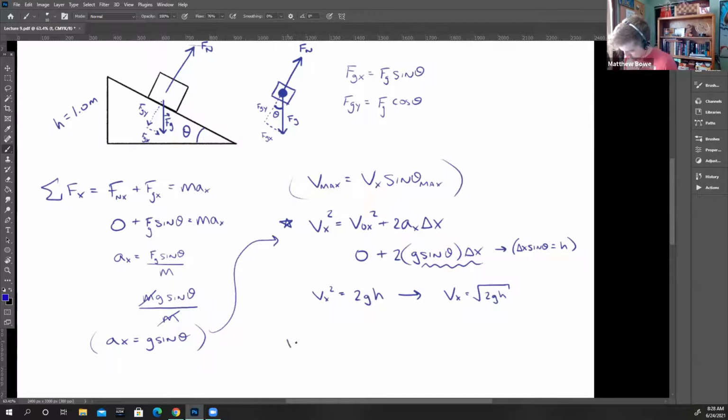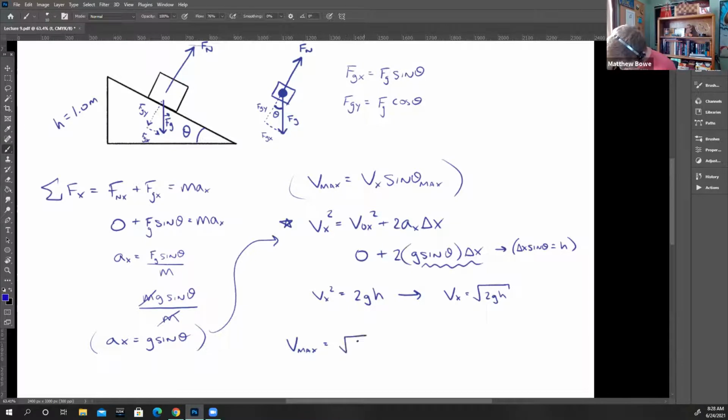Okay, so we have this maximum velocity is just whatever speed it was going is connected to how steep the angle is of the ramp. I'm just going to put it in like this.